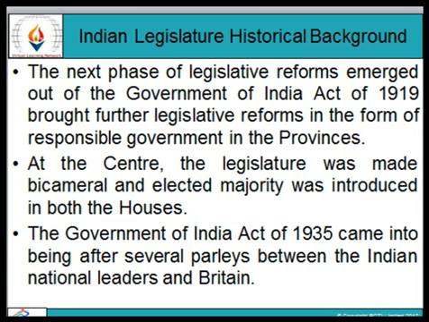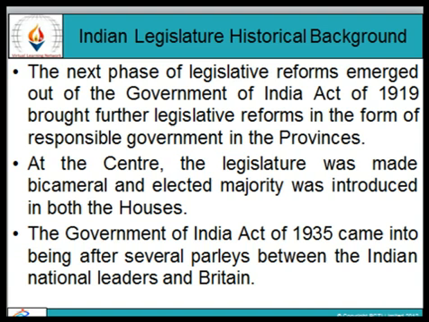The next phase of legislative reform emerged out of the Government of India Act 1919, which brought further legislative reforms in the form of responsible government in the provinces. At the center, the legislature was made bicameral and elected majority was introduced in both the houses.